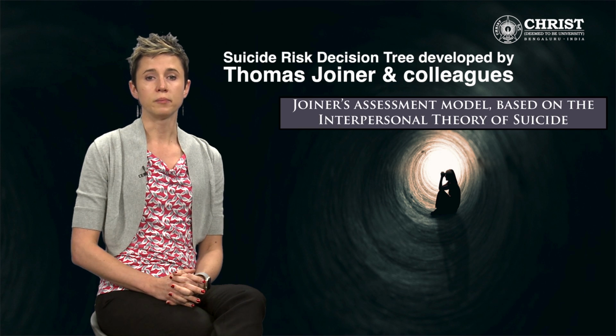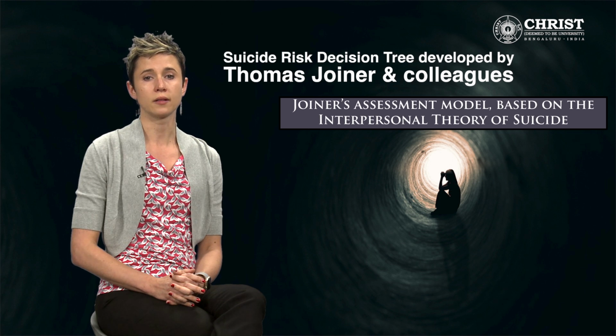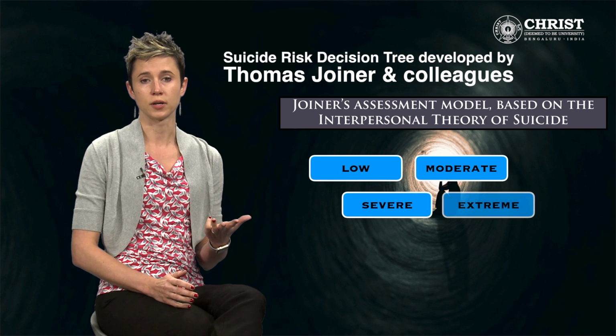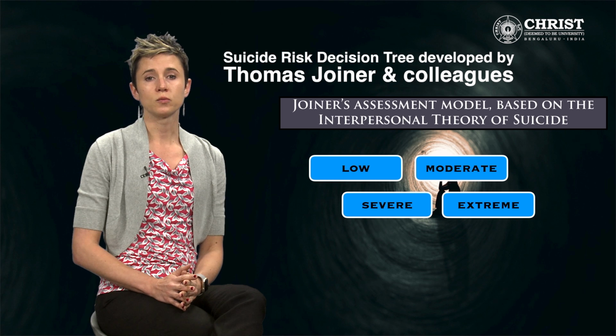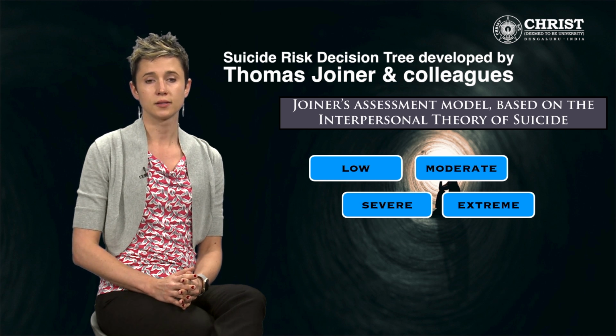Joiner's assessment model, based on the interpersonal theory of suicide, is a semi-structured interview that results in an individual being classified into one of four risk categories: low, moderate, severe, and extreme. This assessment was designed and developed for outpatient use in the United States.